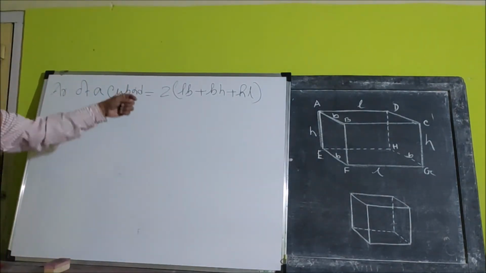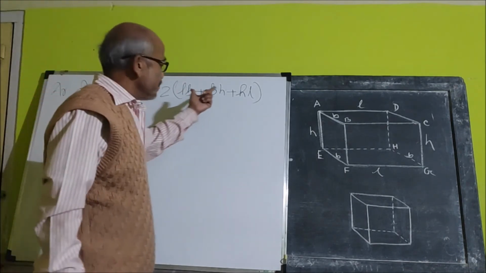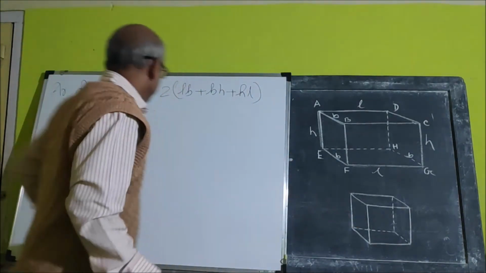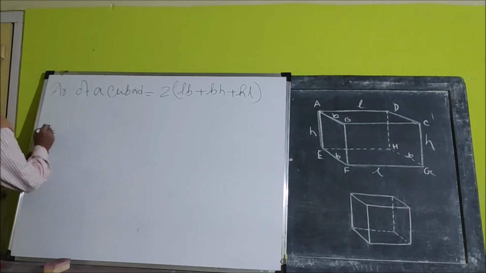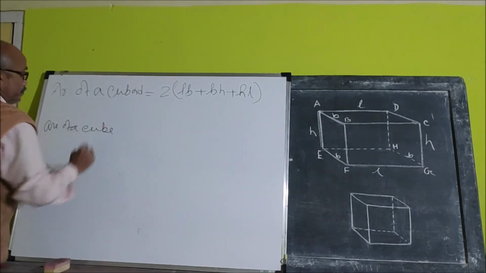It is the area of a cuboid. Now, if we convert this, we can find the area of a cube. Comparative study, area of a cube.